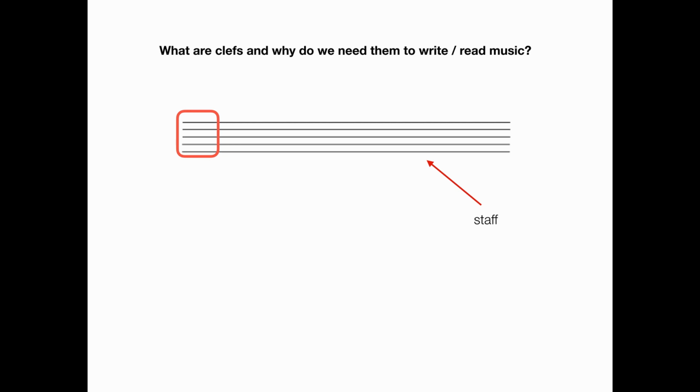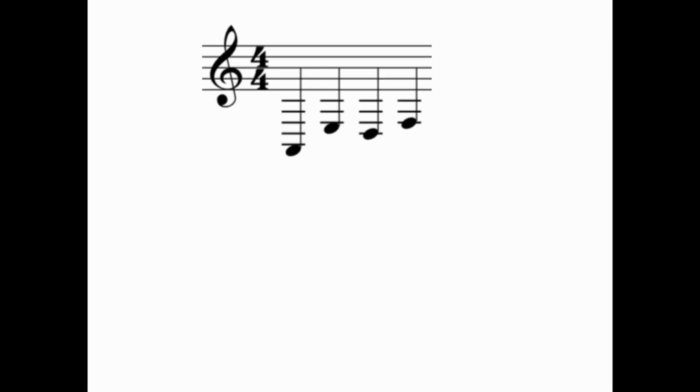The reason that we have a number of different clefs is due to the varying pitch range of different instruments. So for example, if music for the cello was written using the treble clef, the majority of the notes would have to be written on ledger lines, far below the 5 lines of the staff. This image gives us an example of that.